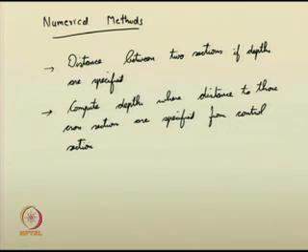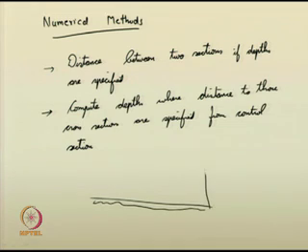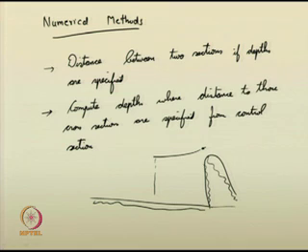Say, if I just draw it like this, if this is your control section for a particular problem, then you can consider it x is equal to 0. From this location you can compute the profile in the upstream direction, say x.